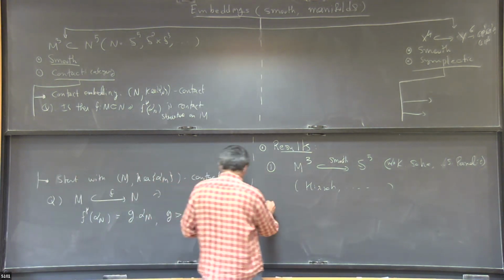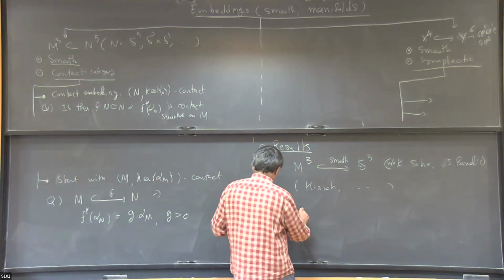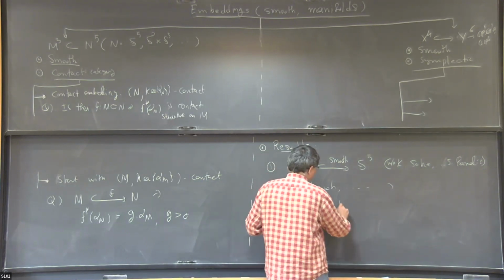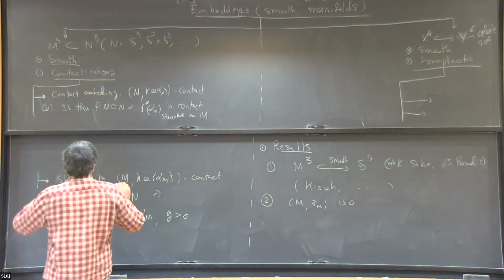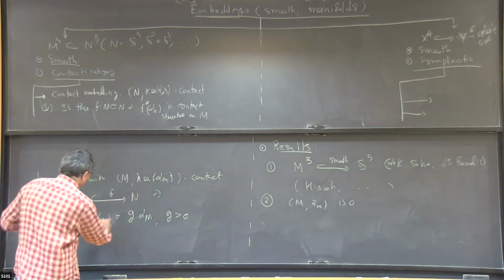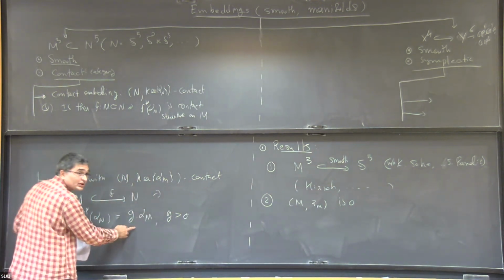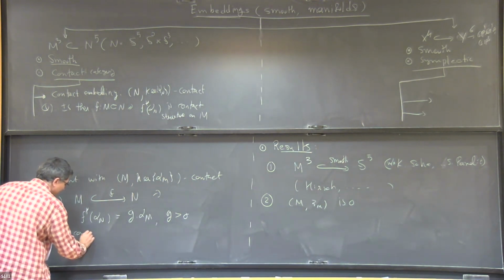So the second result is... Whenever you can produce an embedding such that the pullback induces the given structure, this embedding is called an isocontact embedding.